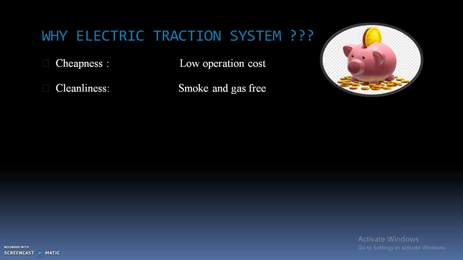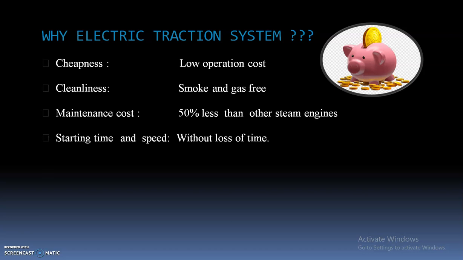Cleanliness: electric traction is completely free from smoke and gas, and you can have a clean atmosphere. Maintenance cost of electric traction system is almost half that of steam engines. Starting time and speed: the electric traction system can be started instantly without any delay.